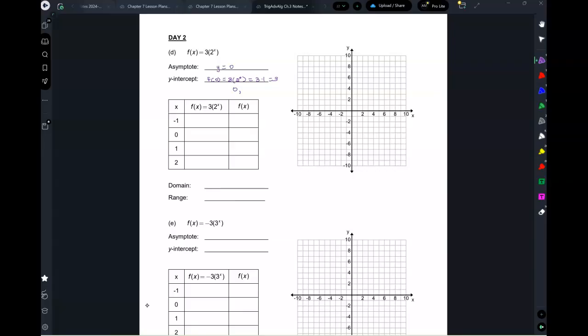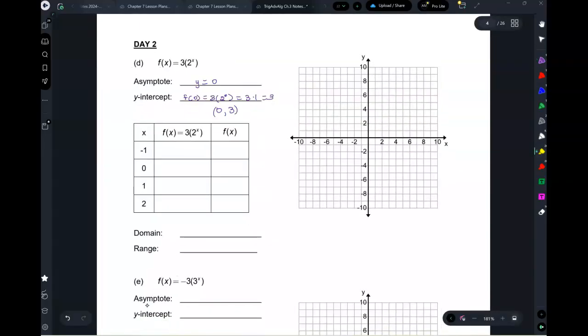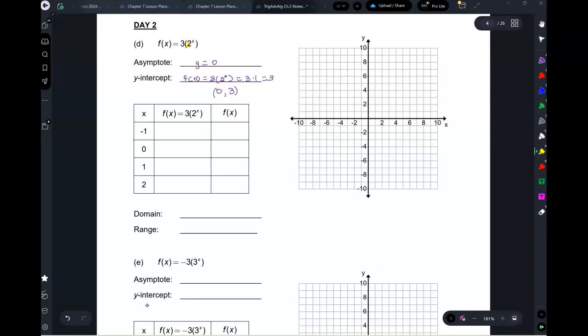So I would write that as (0, 3). All right. Now, this one is again growth, right? Because you see here, it's 2 to the power of x, and the number that's being raised to the exponent is greater than 1, so that is growth.